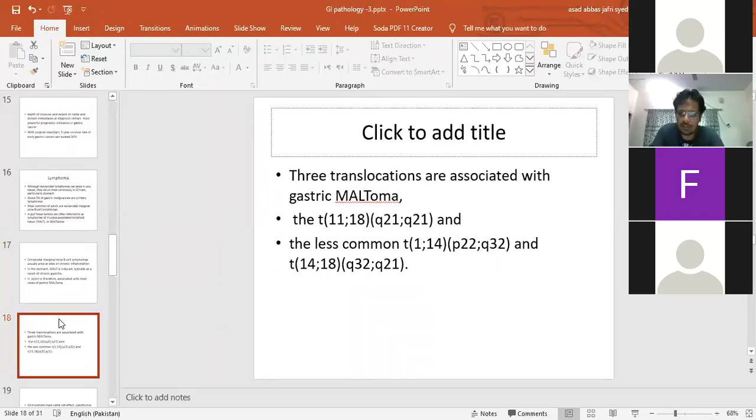Three translocations are seen and are associated with gastric maltomas. The most common is translocation of chromosome 11 to chromosome 18, from the long arm of chromosome 11 to the short arm of chromosome 18. The less common are the T(1;14) translocation and the T(14;18) translocation.